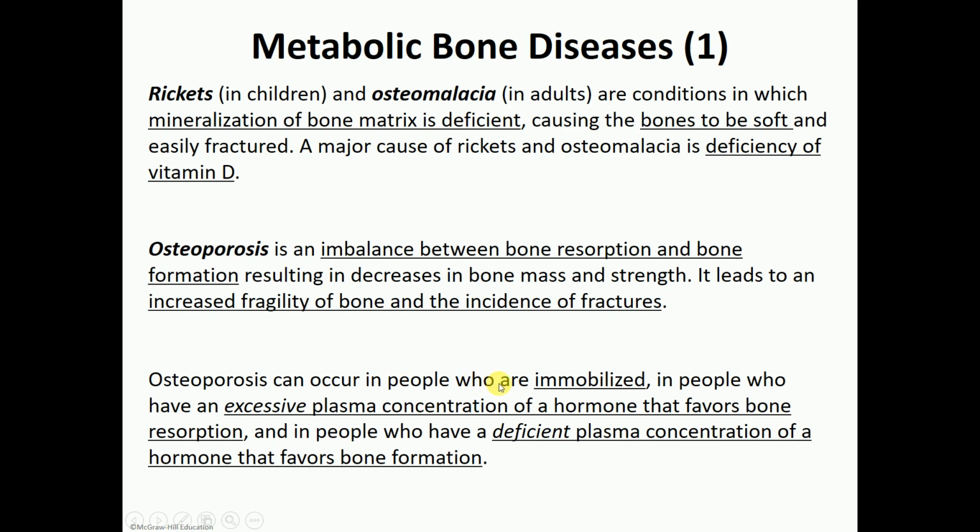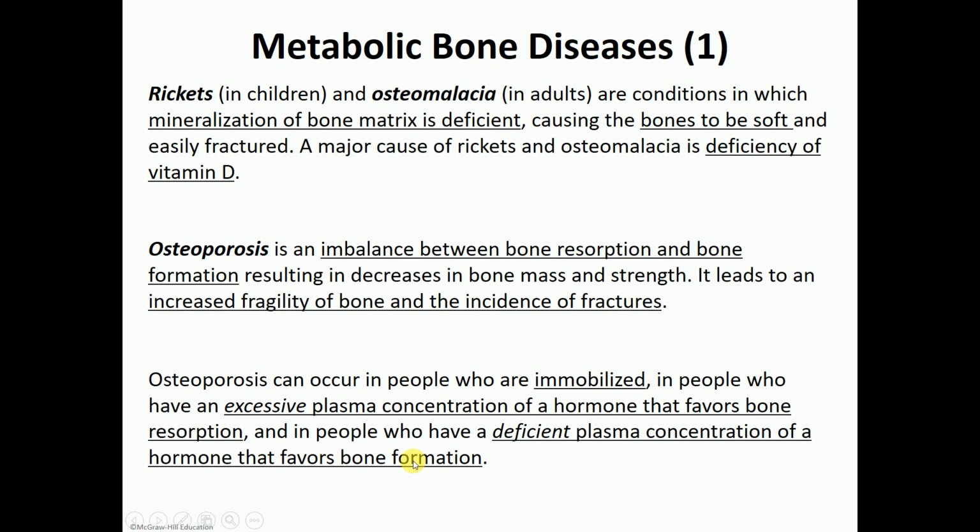Osteoporosis tends to happen in cases of immobilization. Decreased physical activity is a risk factor for osteoporosis, and it also happens in patients that have excessive plasma concentrations of hormones that favor bone resorption, for example, high levels of PTH, as it may be due to a tumor. Or in patients that have deficient plasma concentration of hormones that favor bone formation.